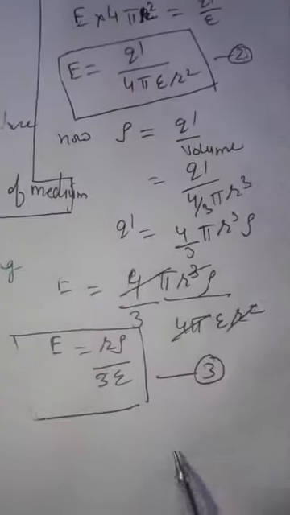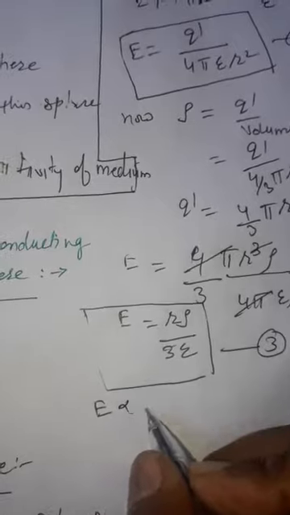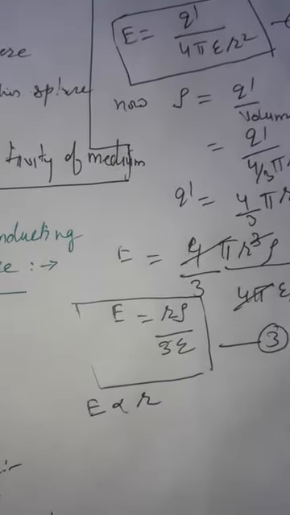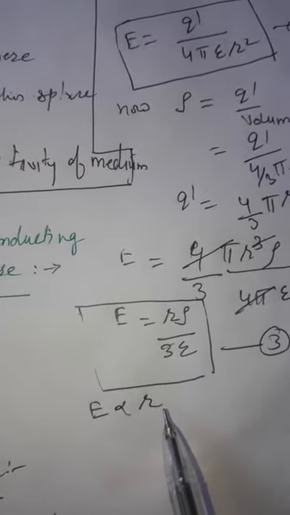From equation third, it is clear that the electric field is directly proportional to r. So with increasing distance from the center, the electric field also increases.